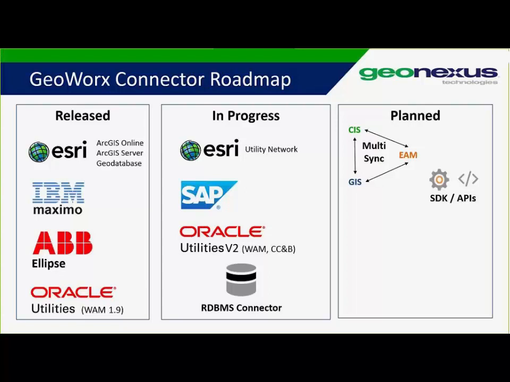Maybe there's a tier 2 vendor system out there that we want to connect to, but for GeoNexus, maybe it doesn't make sense for us to develop that connector because it's a small market perhaps, or maybe even a one-off system that a customer has. There would be an API or an SDK that allows individuals to then create those connectors.